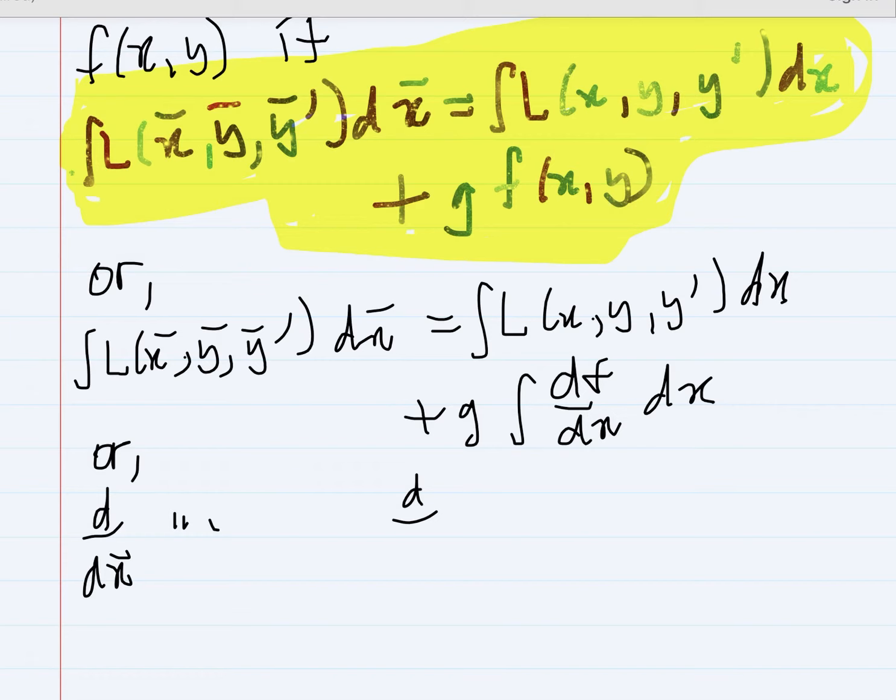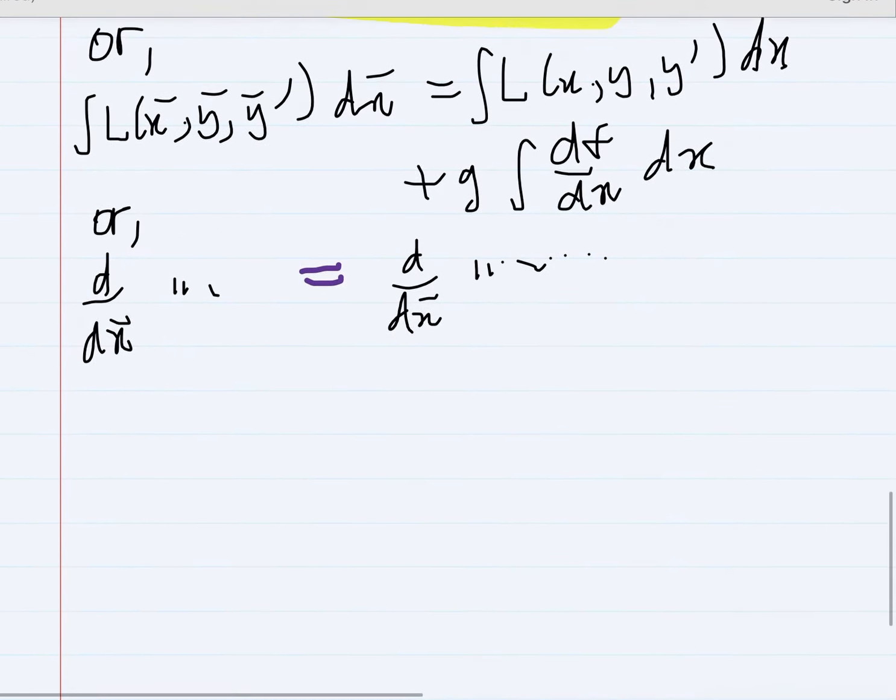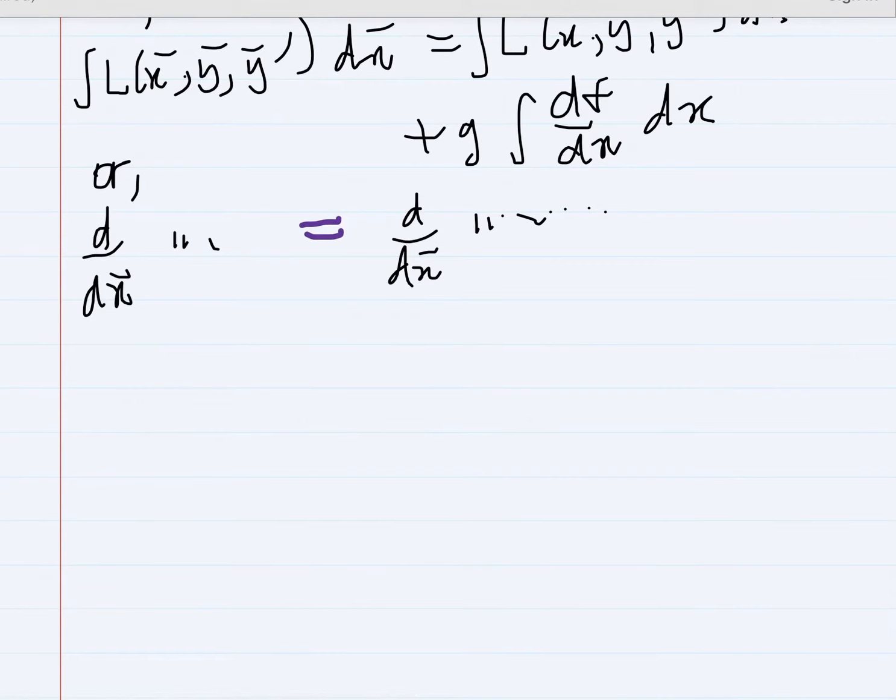Let's do that a bit nicely. So this is equal to the derivative with respect to x bar of all of the right hand side. On the left hand side, as a result, the integral disappears. So therefore, on the left hand side, what we end up with is L of x bar, y bar, y bar dashed, and on the right hand side we need to rewrite that derivative with respect to x bar in terms of x using the chain rule.